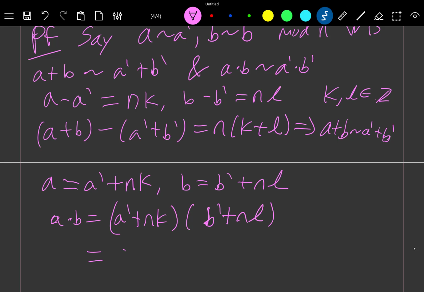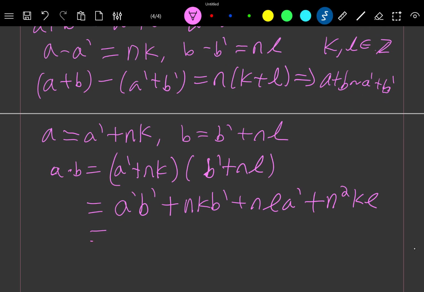And if we multiply this out, we get a prime times b prime plus nkb prime plus nla prime plus n squared kl. But if we see what this is, it's just a prime b prime, and we can factor out this n.